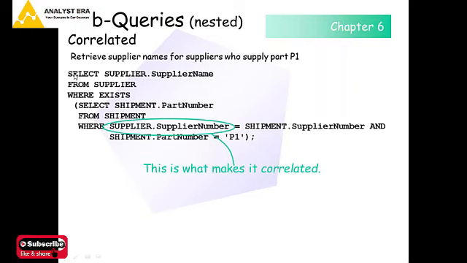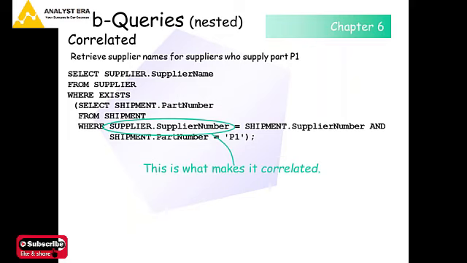The first thing is the parent query will send its value to the subquery. Taking that value, the subquery will execute for it. Again, for the next record, a new value will be sent to the subquery. So for every parent row, the subquery executes once. Imagine if there are 5 lakh records: 5 lakh times a new value will be sent to the subquery, and 5 lakh times the subquery will execute.